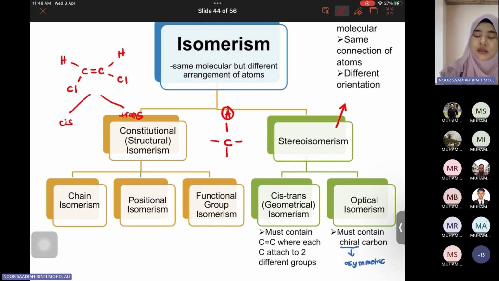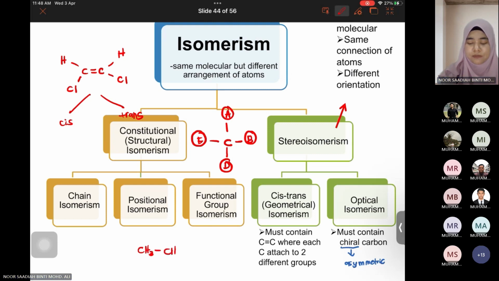All the groups should be totally different. That is called asymmetric, not symmetry. It is not the same at all. So all the 4 should be totally different. For example, 2-butanol. This is an example.